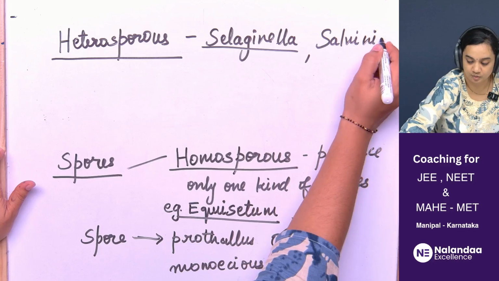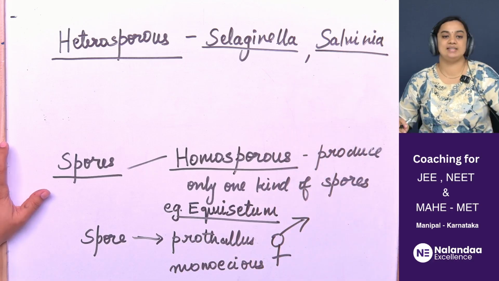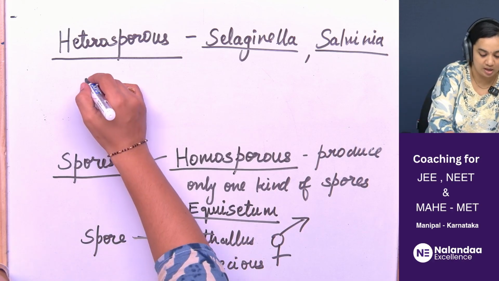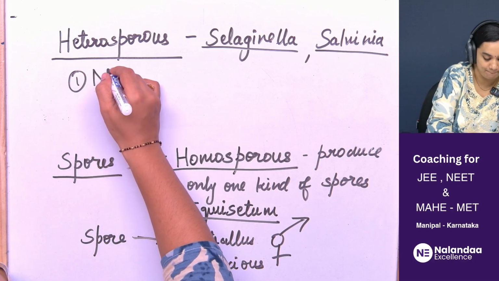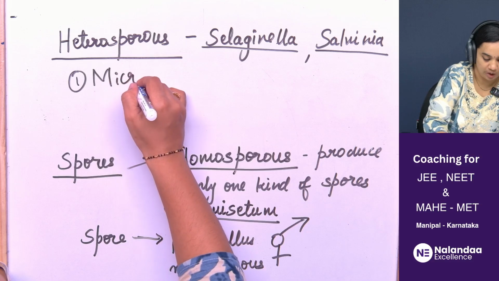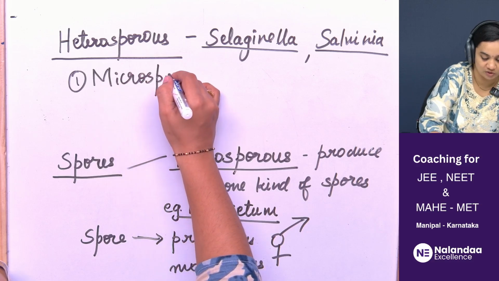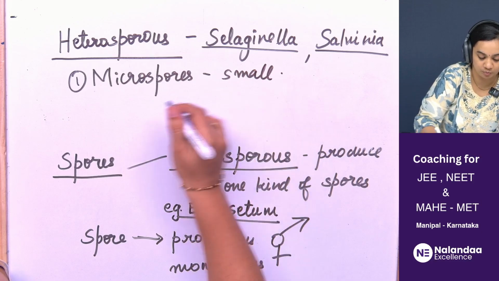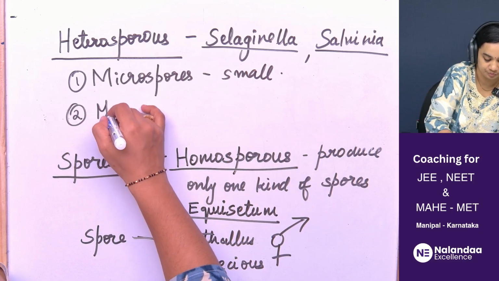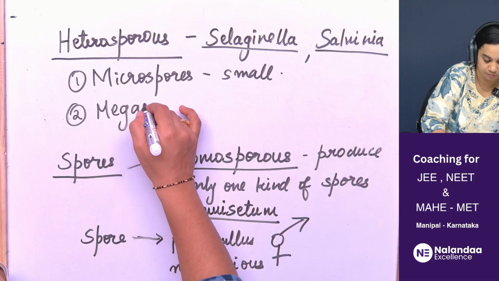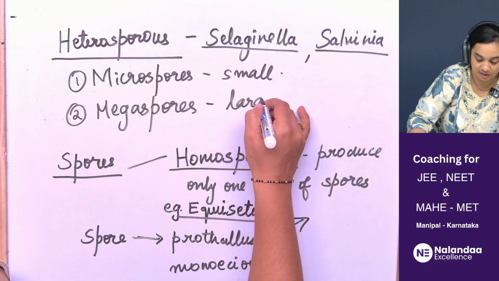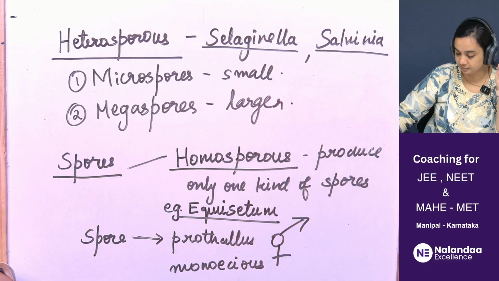Remember, Selaginella and Salvinia are heterosporous. They produce two kinds of spores. Number one, microspores, that are small, and megaspores, that are larger.